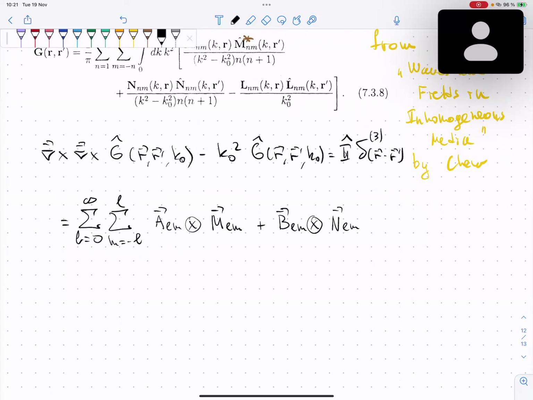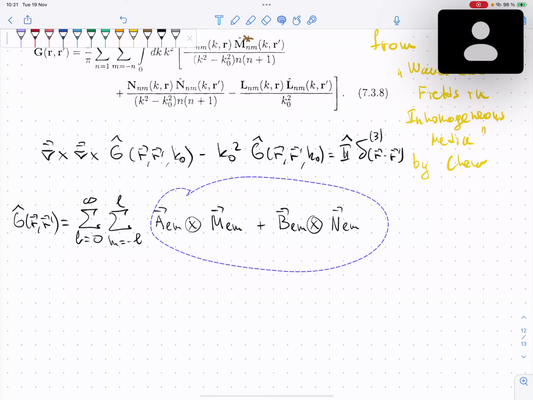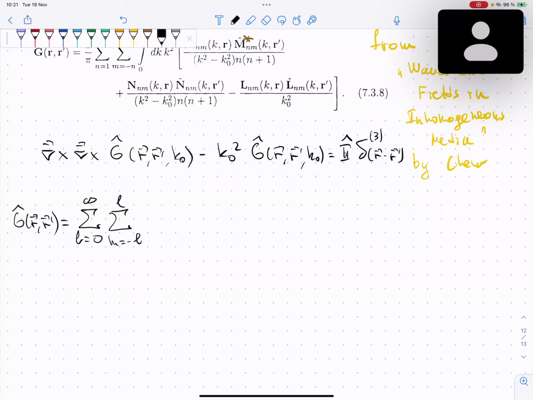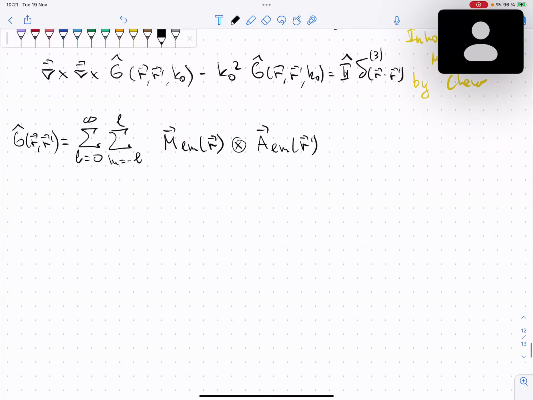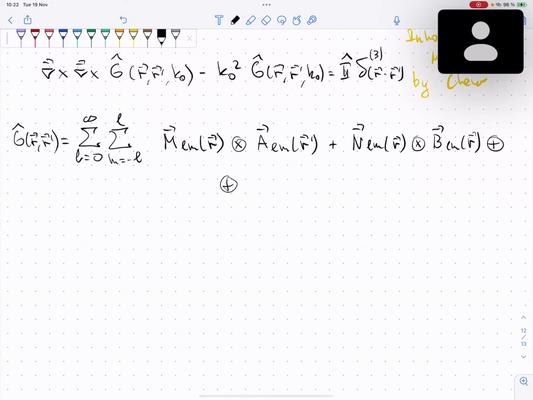Here it's also important to track the arguments, so maybe it's better to write it like this: M_LM of R, dyadic product with some vector coefficient of R prime, plus N_LM of R, dyadic product with some coefficient of R prime, plus another term, where the coefficients are functions of R prime.